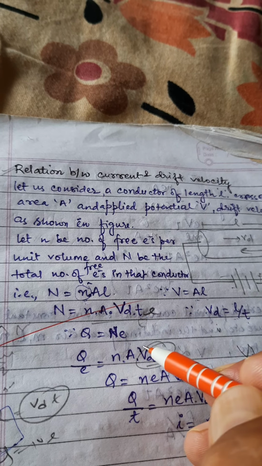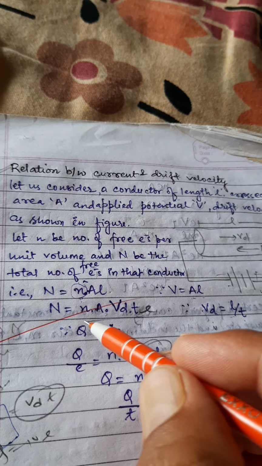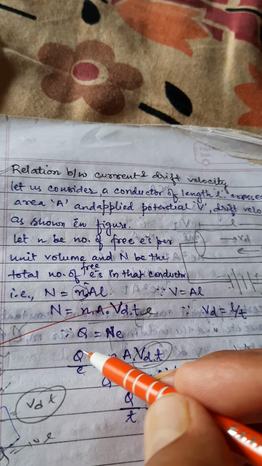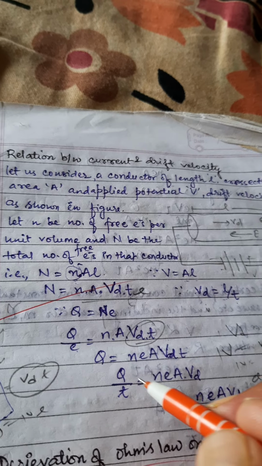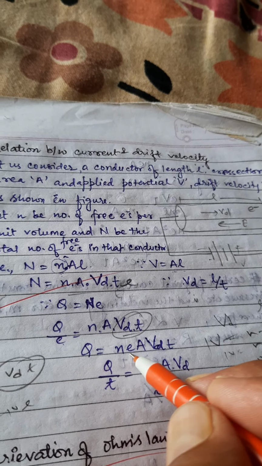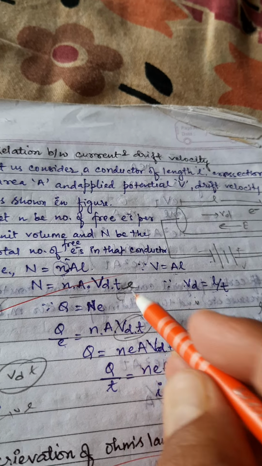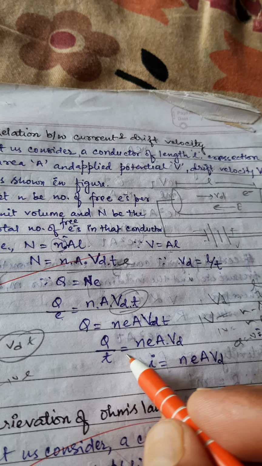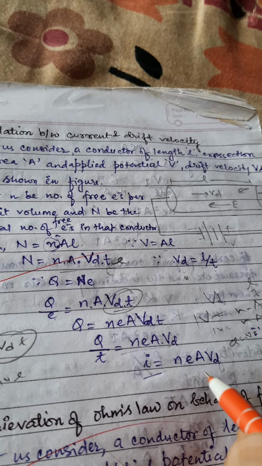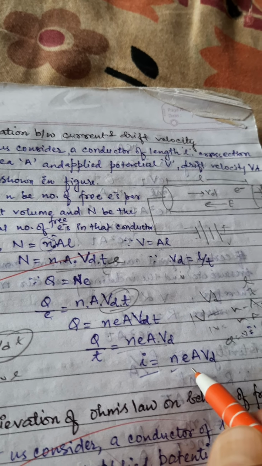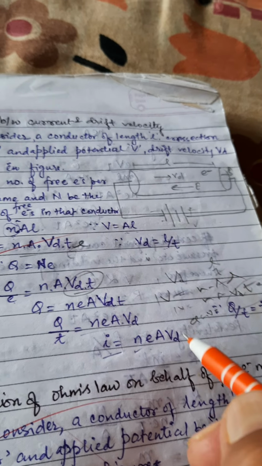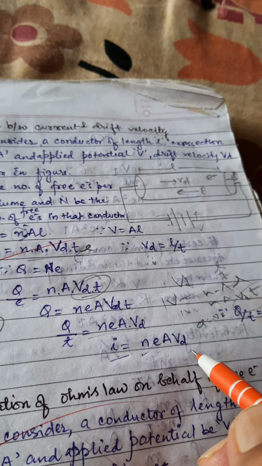Putting the value, we find the current, I equal to Q by t. So I is equal to nAeVd: n is the number of free electrons per unit volume, e the charge of the electron, A the cross section area of the given conductor, and Vd the drift velocity.